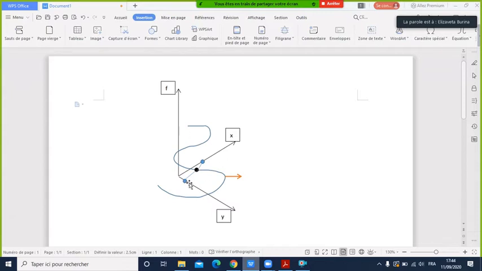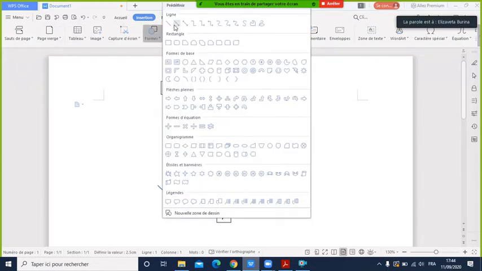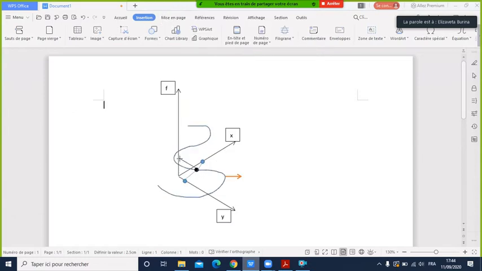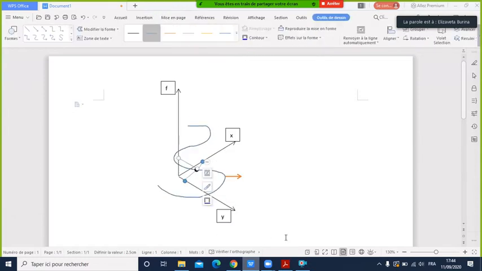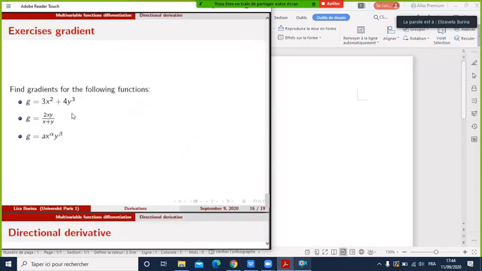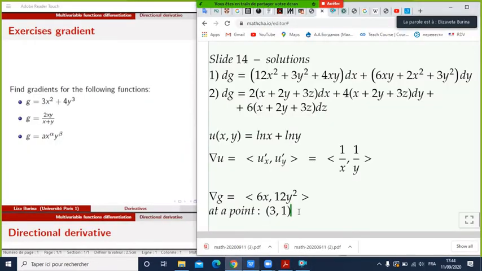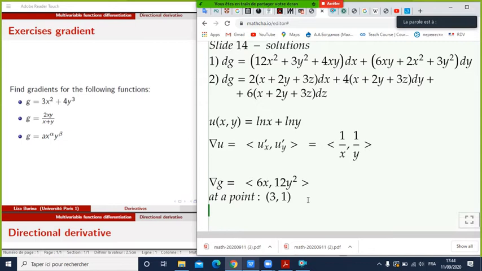So y equals 1, x equals 3, and there is a certain value of f that corresponds to that, somewhere here. We can actually calculate it because we have the functional form. So the gradient at this point will be 18, 12.